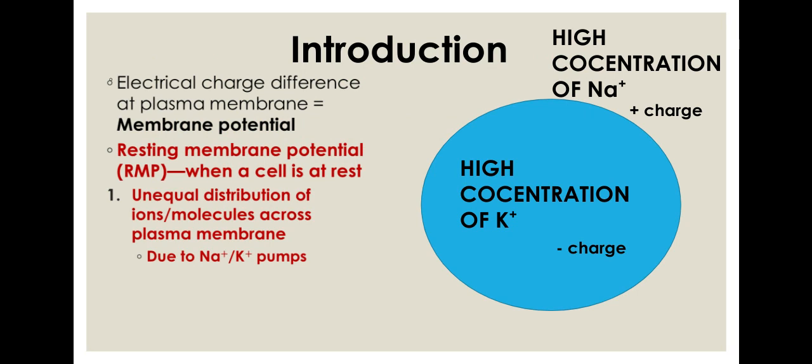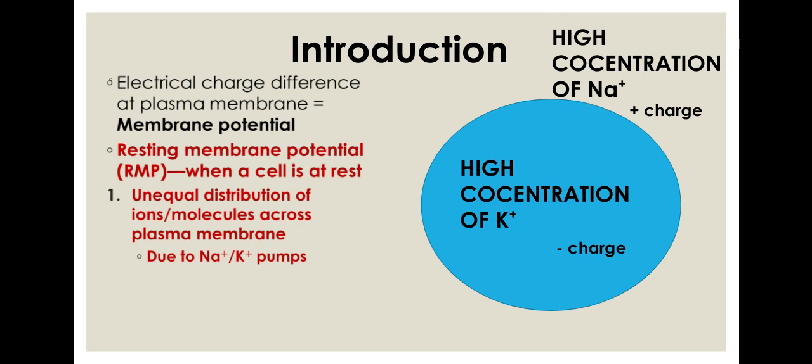So, what are we even talking about when we talk about this? We've got an electrical charge difference, and that's our membrane potential. The resting potential is when the cell is at rest. It's not actually firing, doing work. It is just sitting there.